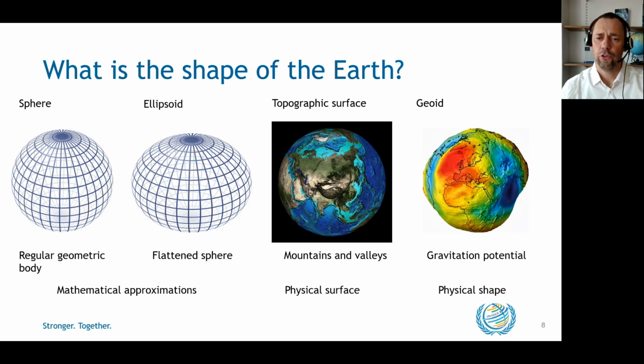The next shape we should take in account is the topographical surface of the Earth, a physical shape we experience on daily basis. But there is one additional physical representation of our Earth, the geoid, which follows the gravitational potential, and we look at this particular shape in more detail.